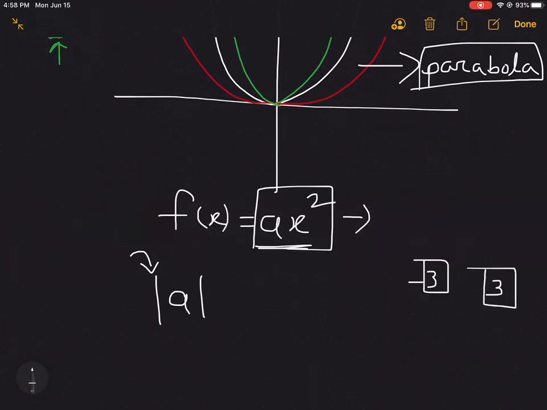Okay, so if your a increases, then we say it's actually vertically stretched. Okay, vertically stretched. Okay, now what does this word vertically stretched mean? It means your graph will be taller.